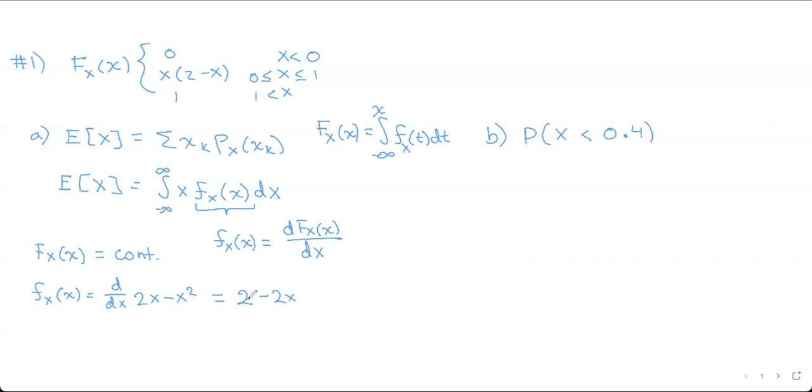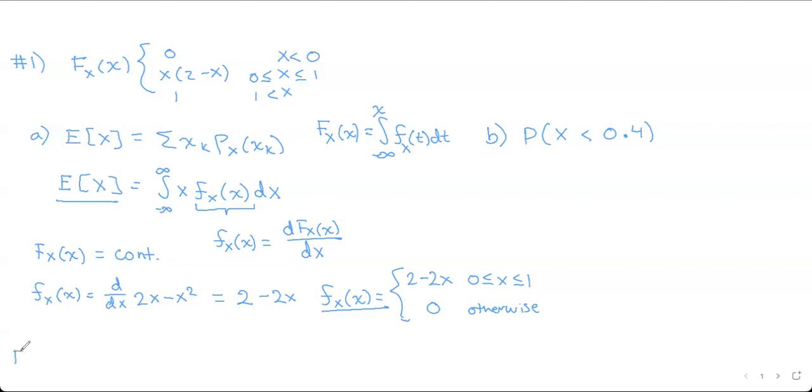So we can write our PDF as 2 minus 2x, and this is for the region between 0 and 1, and then it's going to be 0 otherwise. Okay, now that we have the PDF, we can go back to our expectation equation to calculate the expectation.